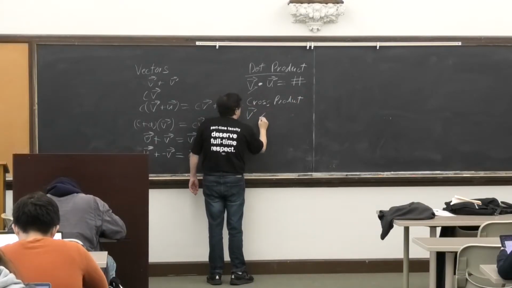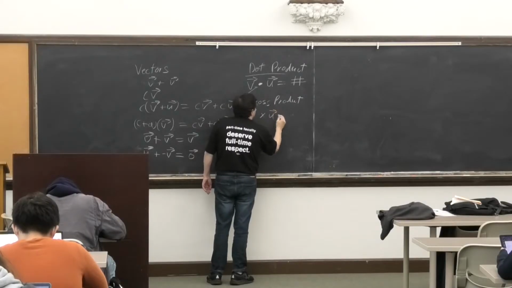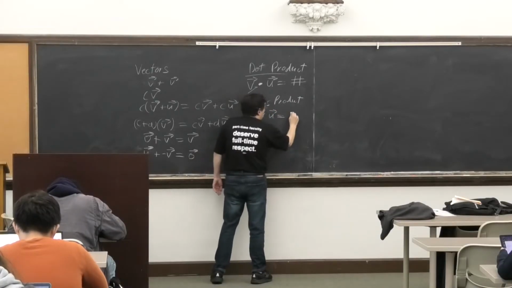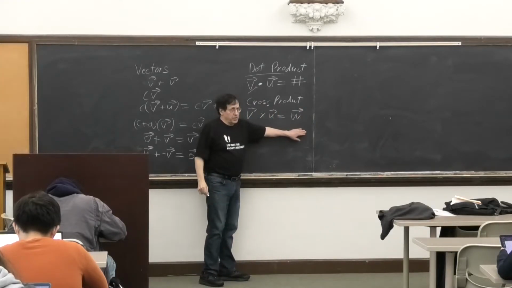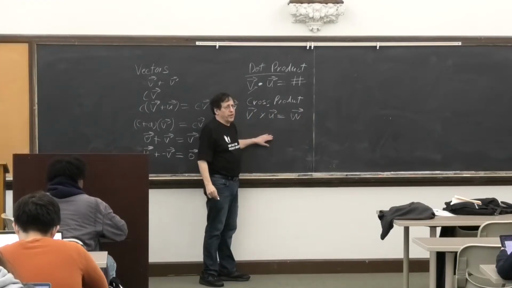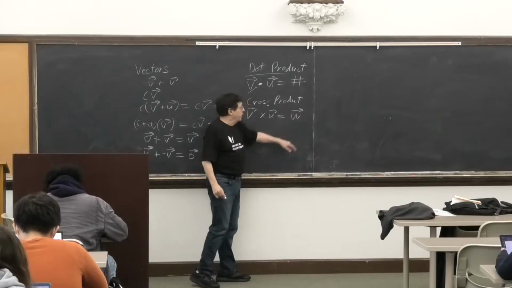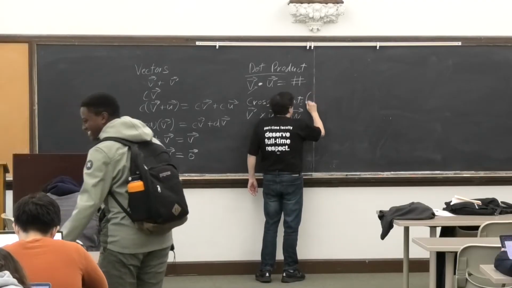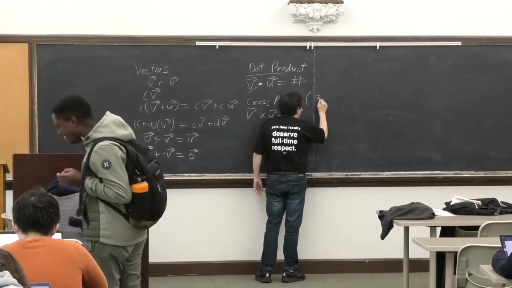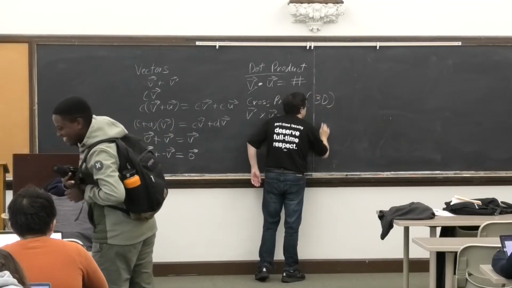And I'm not sure if we're going to say anything about this. The result of the cross product of 2 vectors is another vector. Cross products, for our purposes, only exist in 3 dimensions.